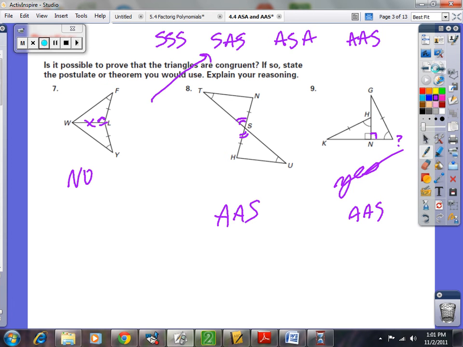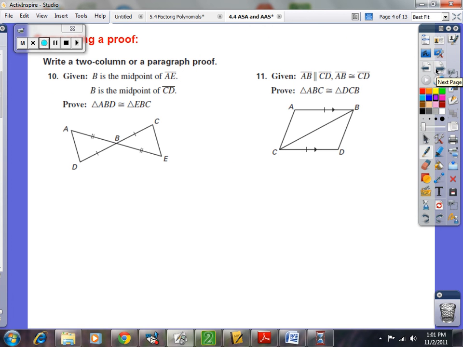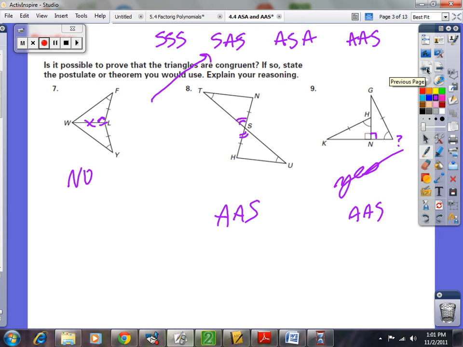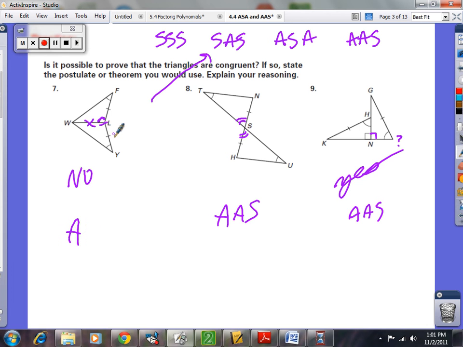Alright. 7 is no because they gave us, here's what we got. We've got an angle, and we got a side, and we got a side.